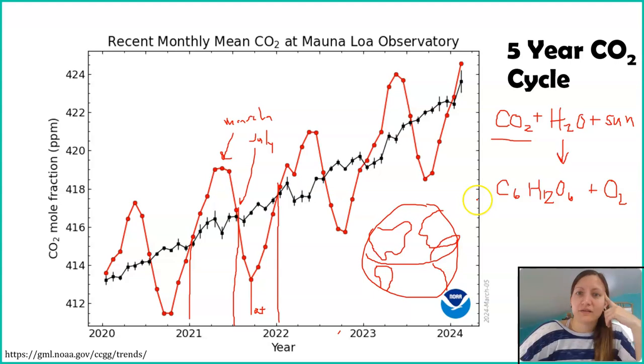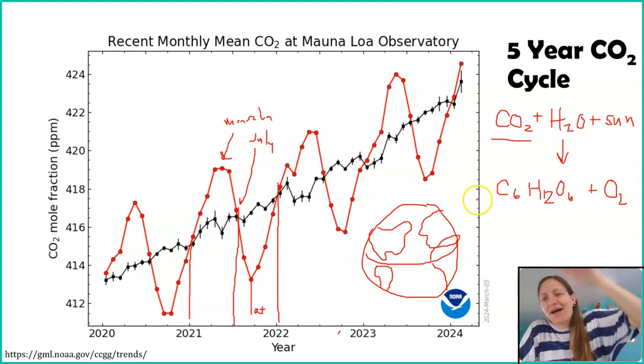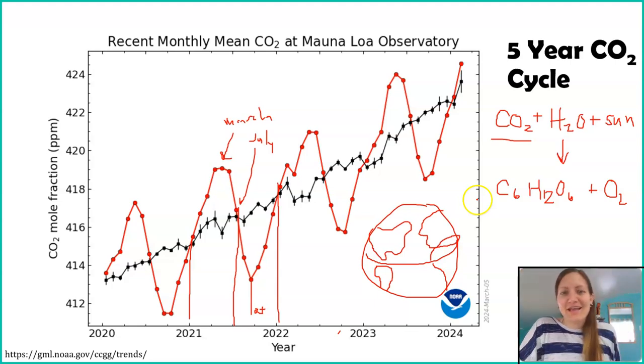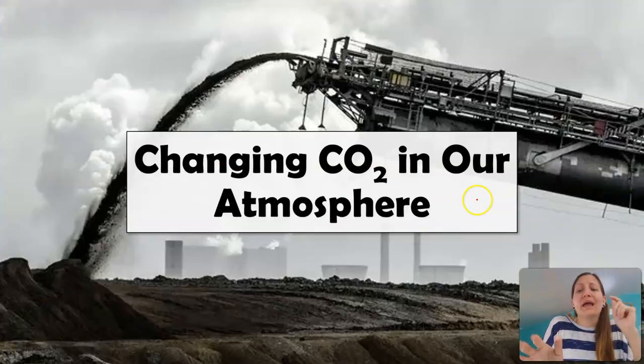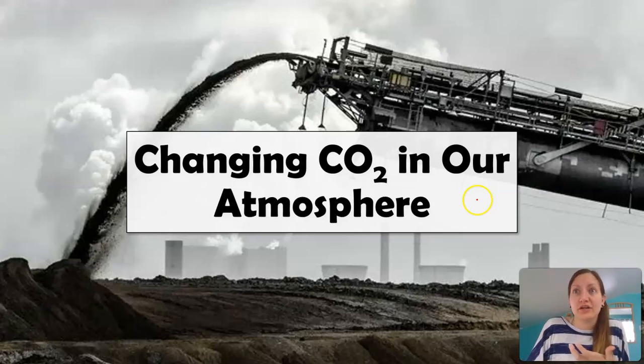In the long scheme of things, none of this might matter, but it's cool. It's interesting. This is why we have these peaks every year, just because the northern hemisphere's got a lot of plants. Simple explanation for it. Okay, so we understand the chemistry as to why carbon dioxide would be increasing. Humans burn carbon-based fuels. Therefore, carbon dioxide is released. And now you've seen the data that support it's not just a little bit.